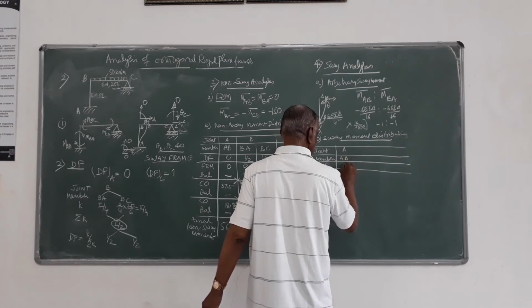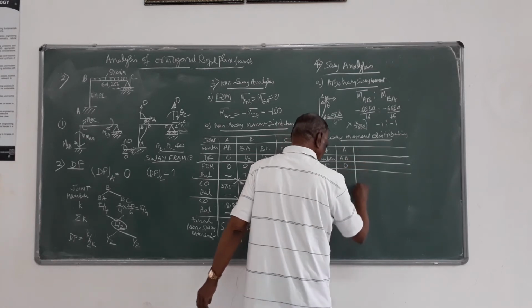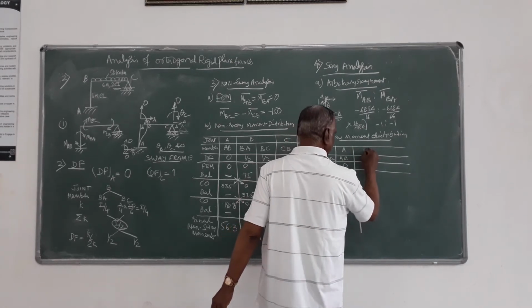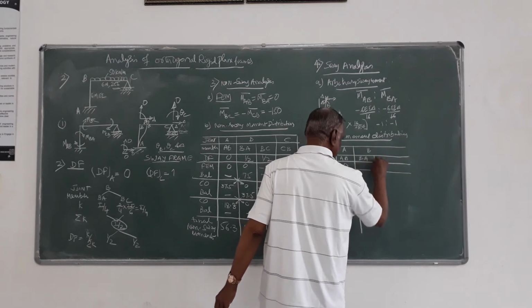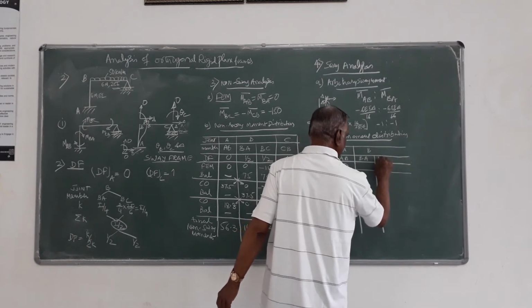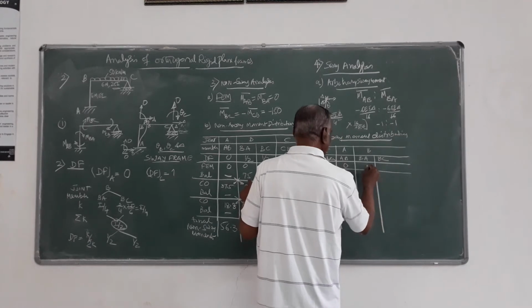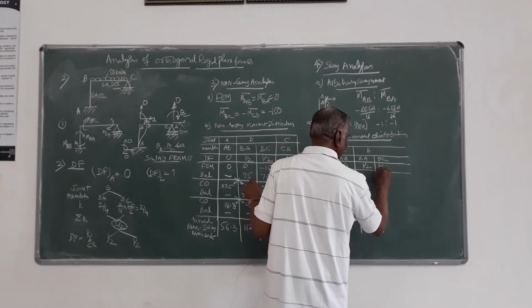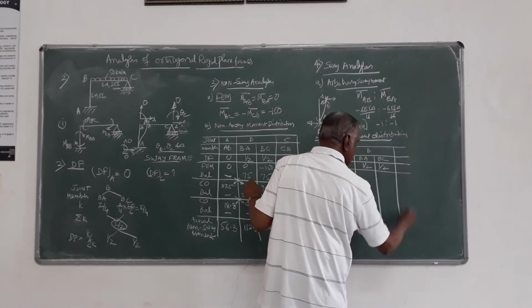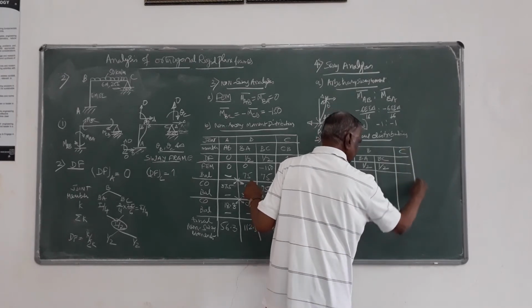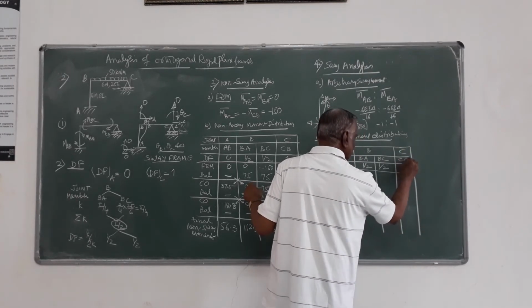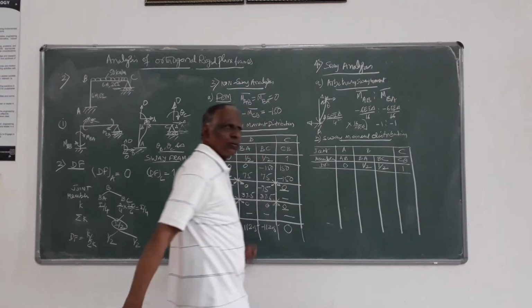AB, distribution factor 0. Then B, two members, BA and BC, distribution factor half, half. Then C member is CB, distribution factor 1.